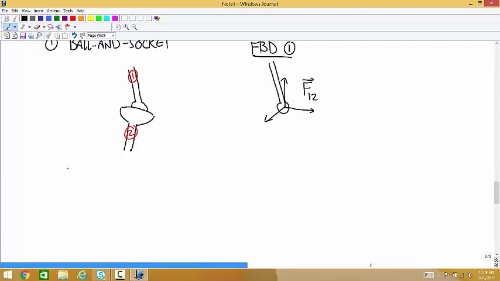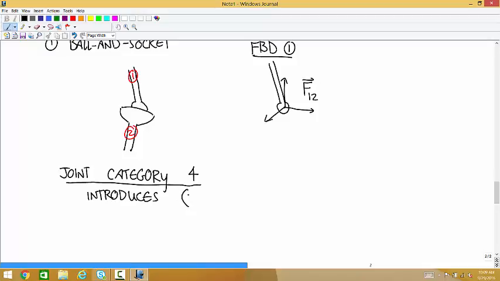Okay, joint category 4. This introduces 4 variables. Actually, I'm going to write this as introduces up to 4 variables, because these are kind of a pain in the butt.